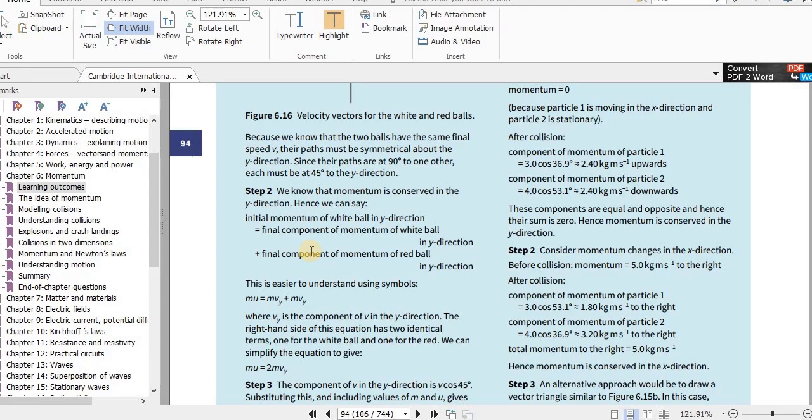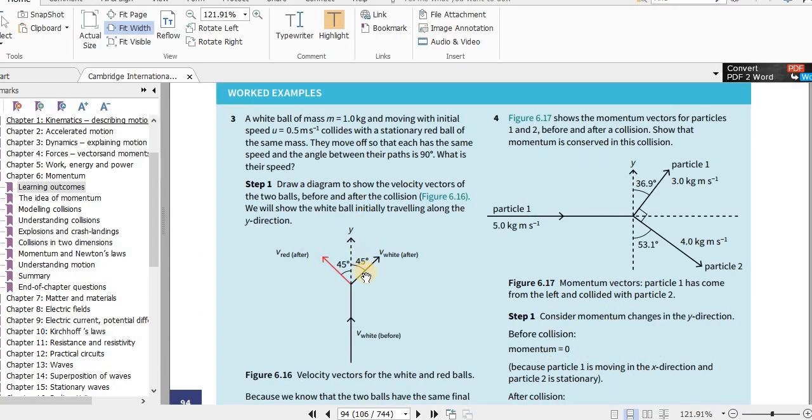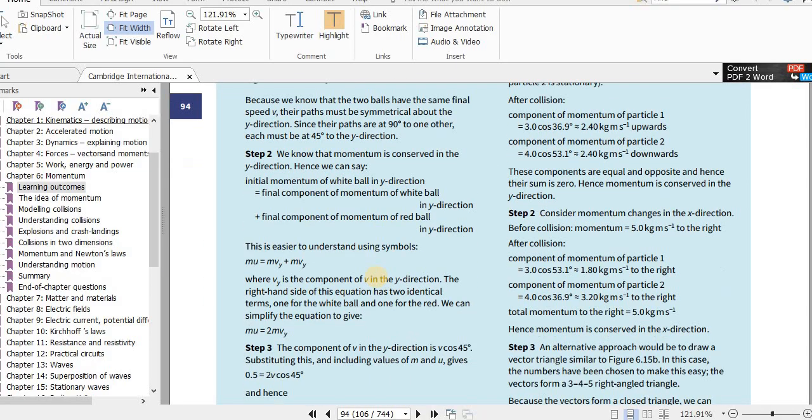Always the momentum is conserved. If you take the momentum in a particular direction, the total momentum before in that direction should be equal to the total momentum after in that direction.